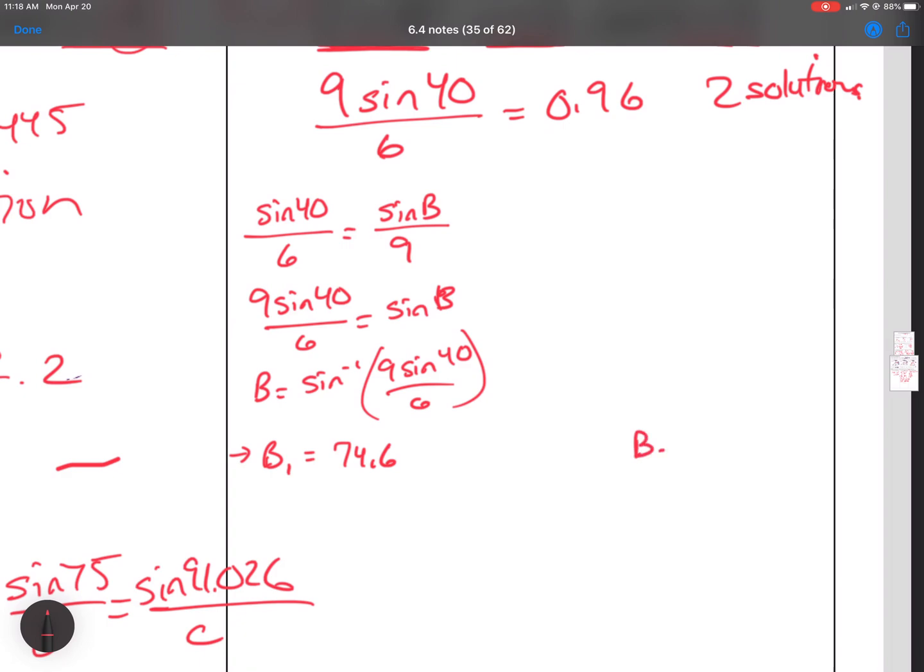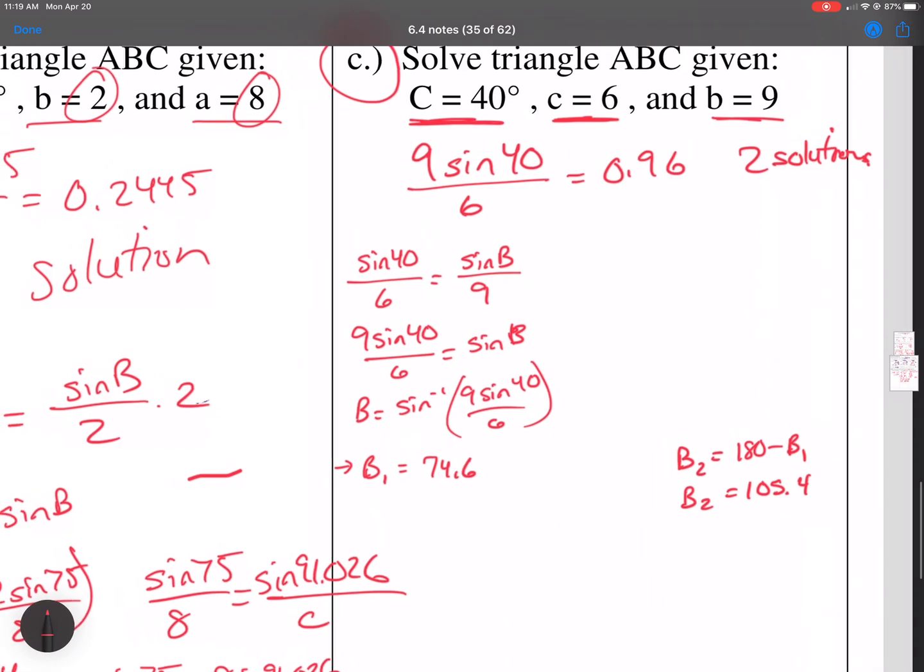So B2 is going to be 180 minus B1. That is always the case. So 180 minus 74.6. So B2 equals 105.4.